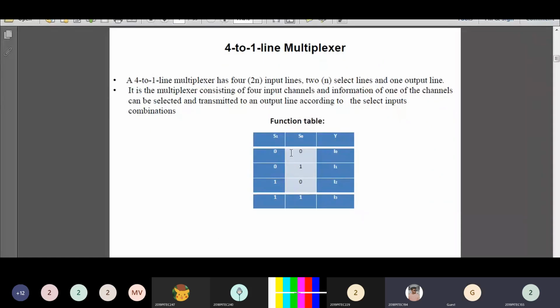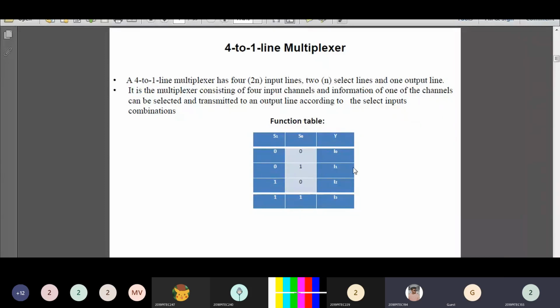Next one, 4 cross 1 line multiplexer. As I told you already, based on the selection input, the input is selected at the output line. S1 and S0 are the selection inputs, so it is a two variable function. So we will have four possible combinations: 0 0, 0 1, 1 0 and 1 1.